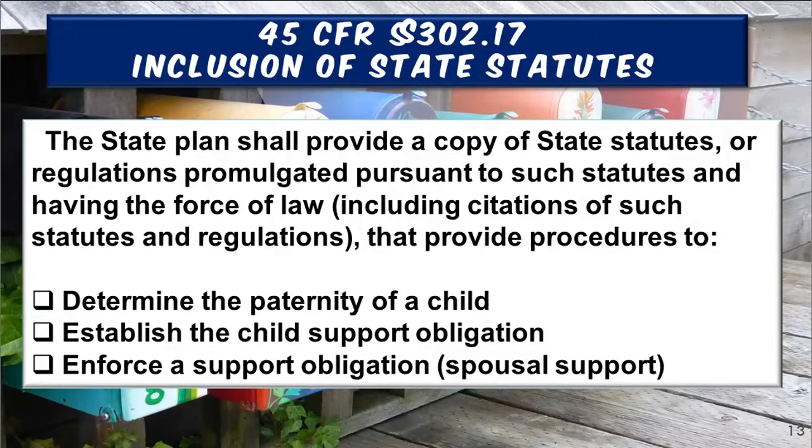It reads that the state plan must provide a copy of the state statutes, regulations, as well as codes and laws that would help do 3 things: determine the paternity of the child, establish child support, and enforce support obligations, and in some cases, spousal support. So this is the part of the statute that says to include states' codes. Now, often you'll hear judges, when you submit paperwork, say, well, we don't accept constitutional laws, we don't accept constitutional decisions.